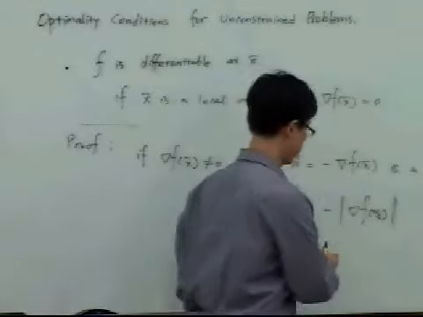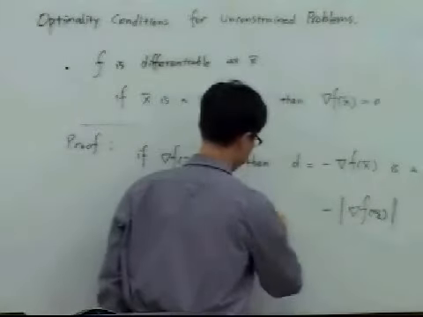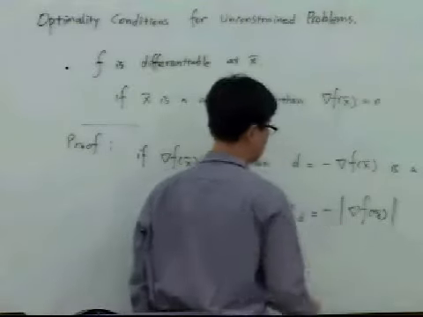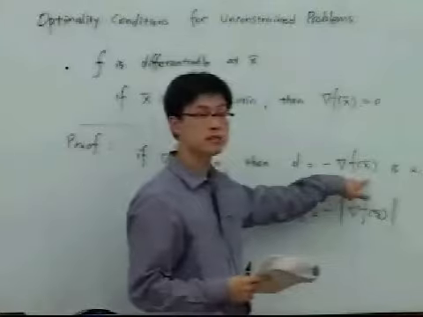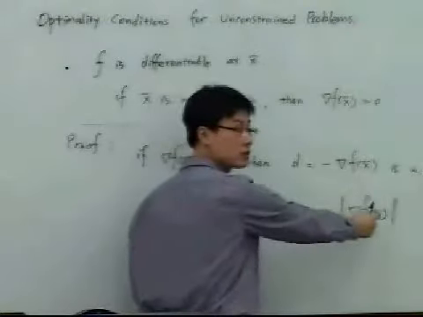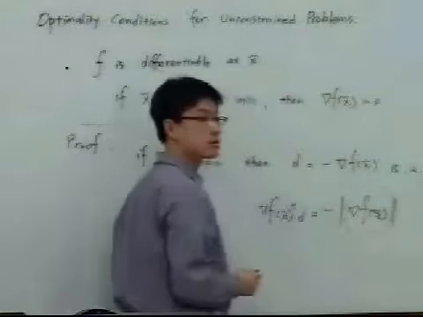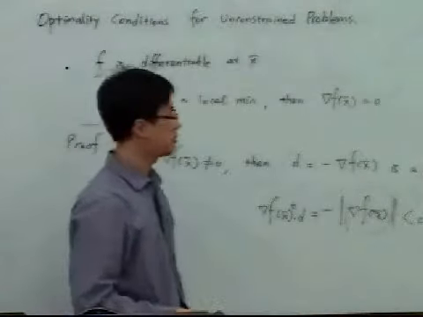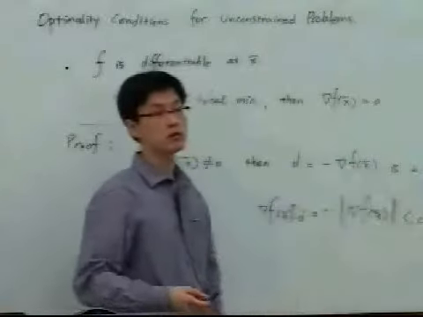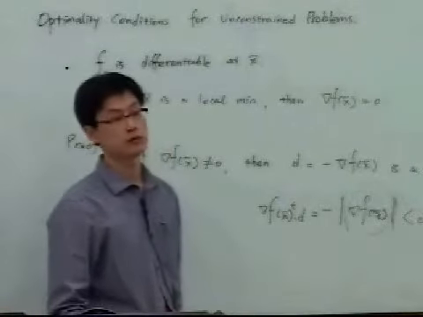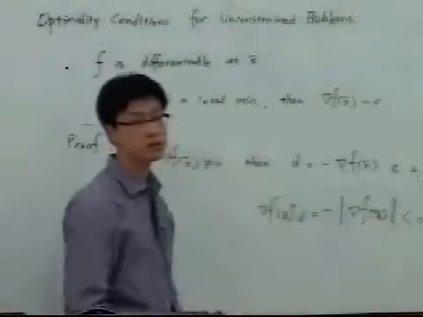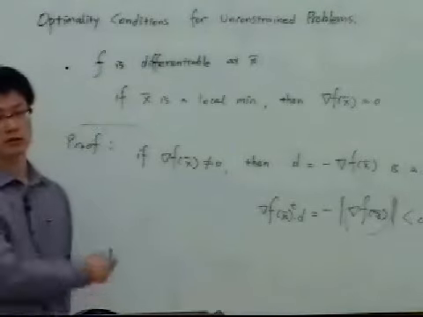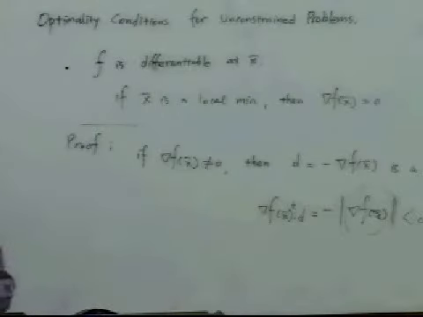If we take D as this value, it's going to be this one. And we know this is not 0, so this is less than 0. Which means if we follow this direction, there is a smaller value, which is not true because this x bar is the minimum. Because of that, this is true. That's the end of the proof. Okay?